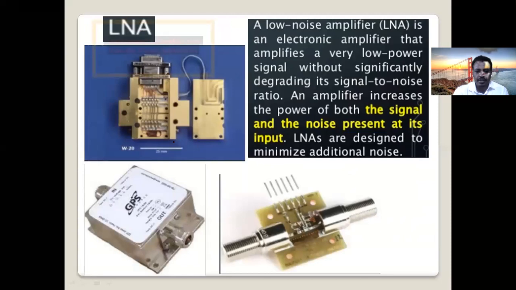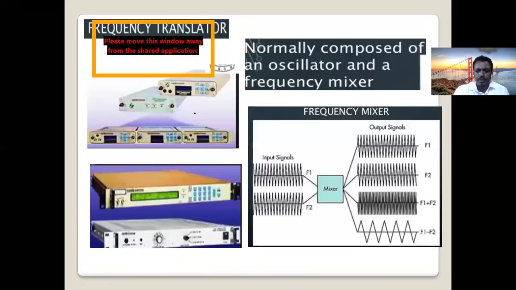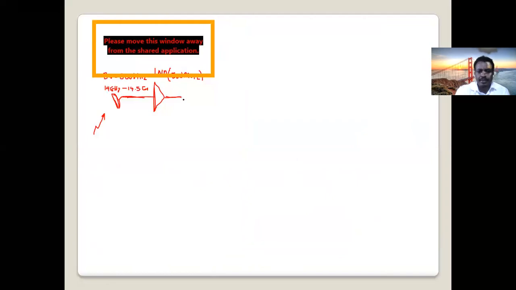here. These are different types of low noise amplifiers for GPS purposes, for TV broadcast purposes, and so on. So next, this signal, which is 500 megahertz, is divided into different carriers.